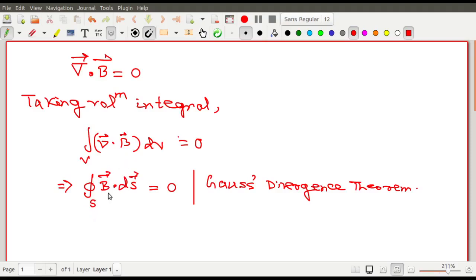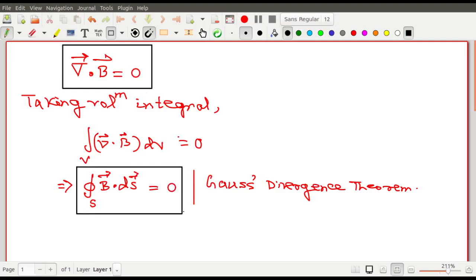That is what Gauss's divergence theorem is. So nothing else to learn from here. Just two things you learn from here: one equation is divergence of B equals to 0, and the other equation is this one.